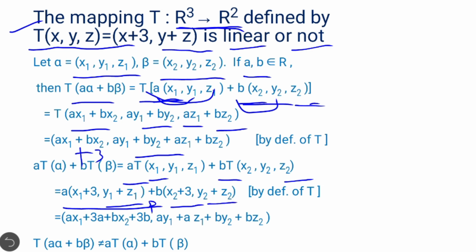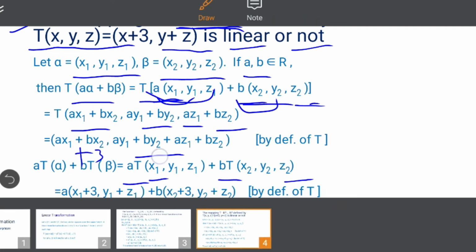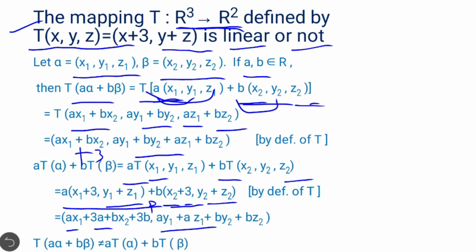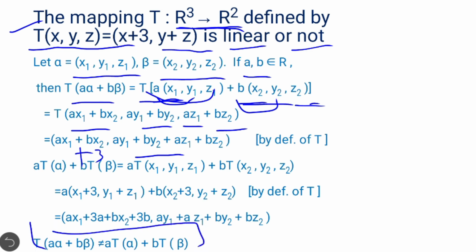Again it can be rewritten as (a x1 + 3a + b x2 + 3b, a y1 + a z1 + b y2 + b z2), which is not equivalent to this term. Means we have T(a alpha + b beta) is not equivalent to a T(alpha) + b T(beta).